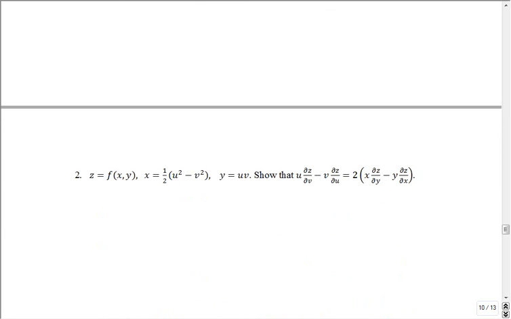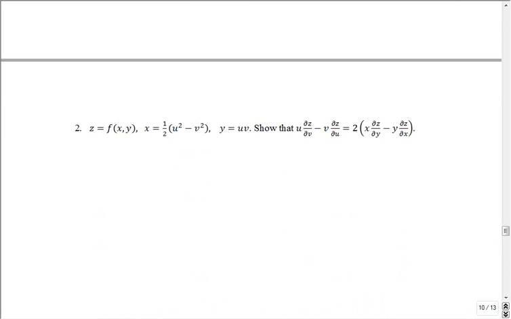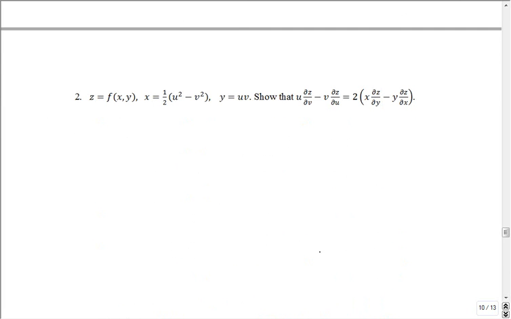Number 2. This one is a proof. So z is a function of x and y. X is a function of u and v, as you can see, a half times u squared minus v squared, and y is equal to uv. So note they didn't tell you what exactly z was.